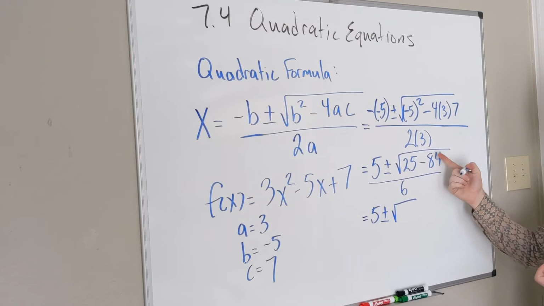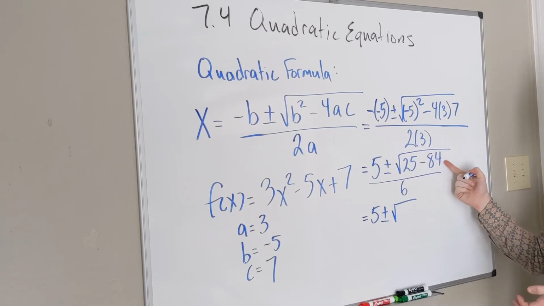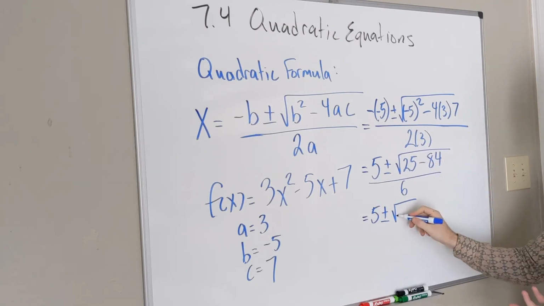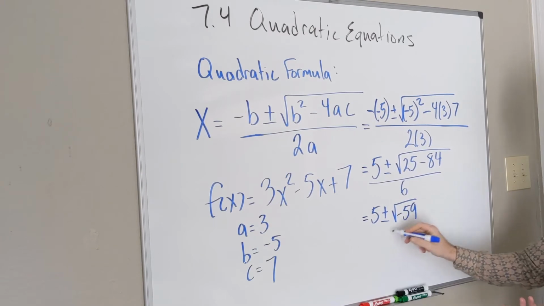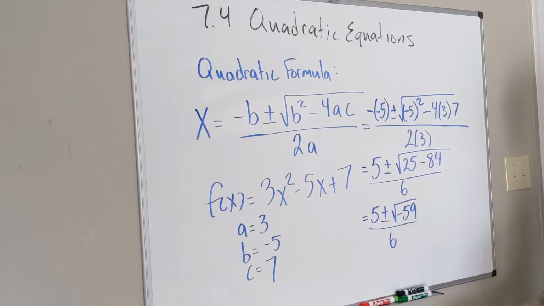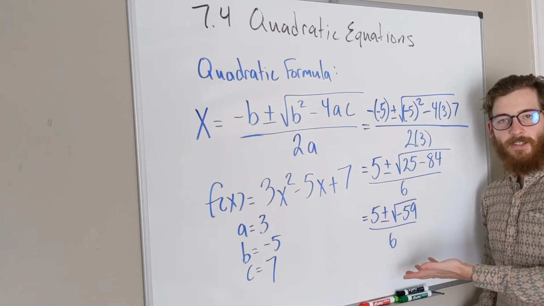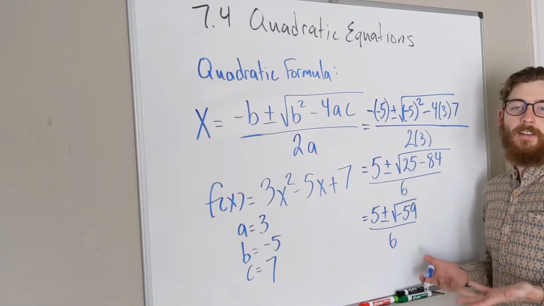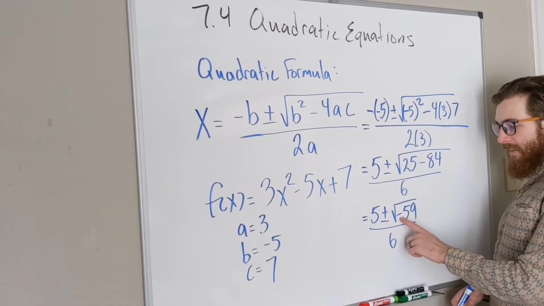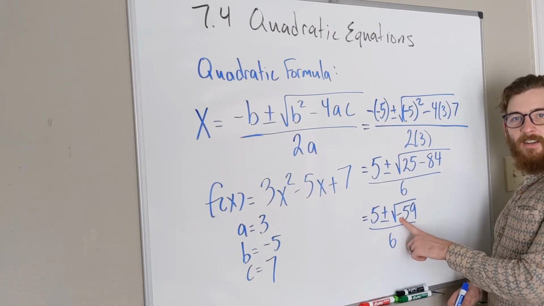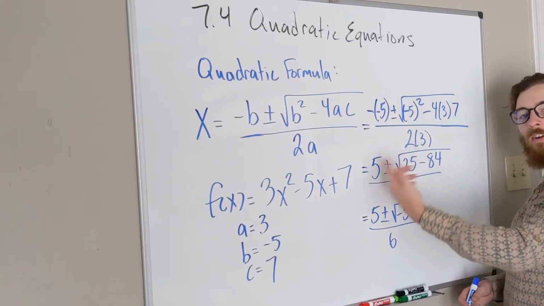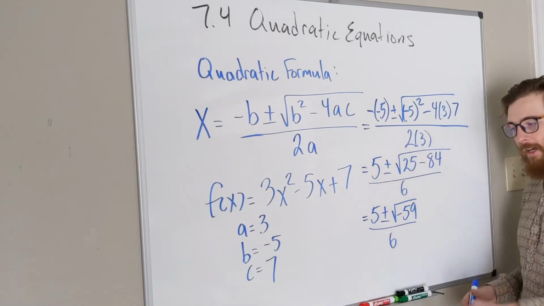So that gives negative 59, so 5 plus or minus the square root of negative 59 all over 6. Now, does this look nice? No, it doesn't look nice. And this is a negative on the inside. So what do I have to do with a negative on the inside? I have to make it what on the outside?